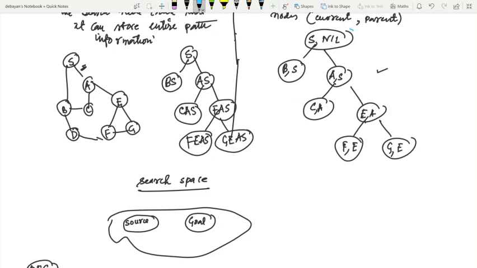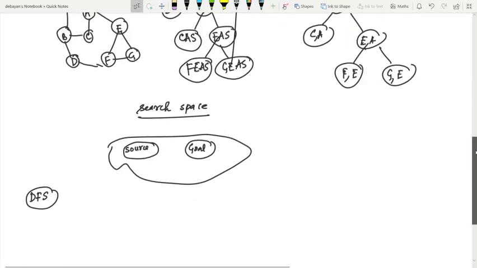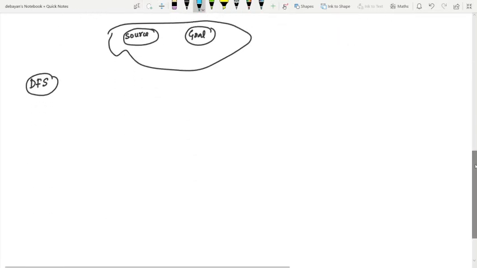It will first visit this one, and no, it's not this graph. If we take some different graph like that, it will be better to represent that. Say this is the source node, and there are three nodes from S. One is AS.